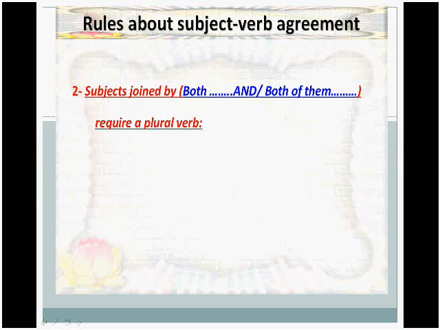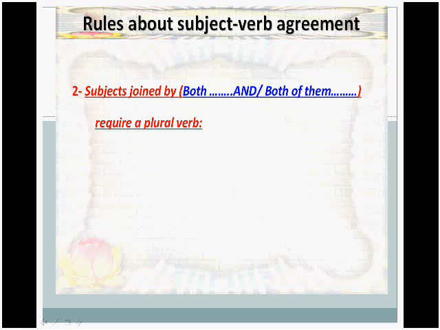Another rule we are going to look at is, of course, subjects joined by both and or both of them. They should require a plural verb. So if I have in the sentence both something and, or both of them, then the verb should be plural.